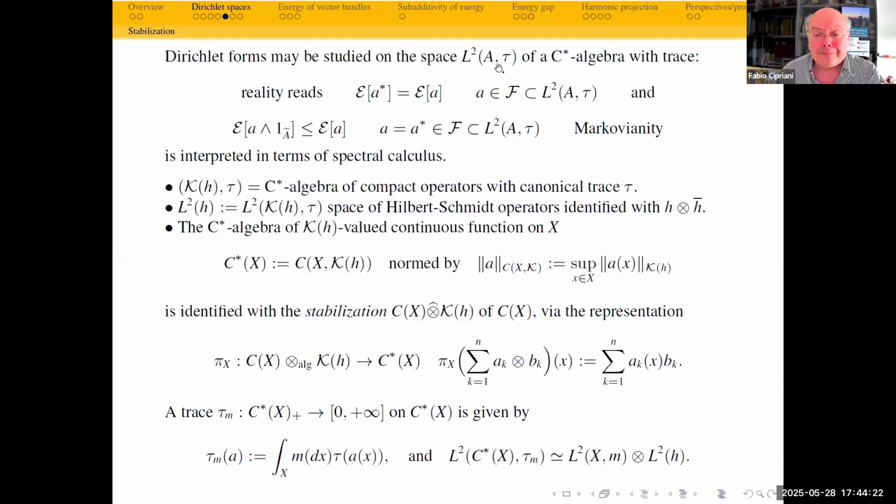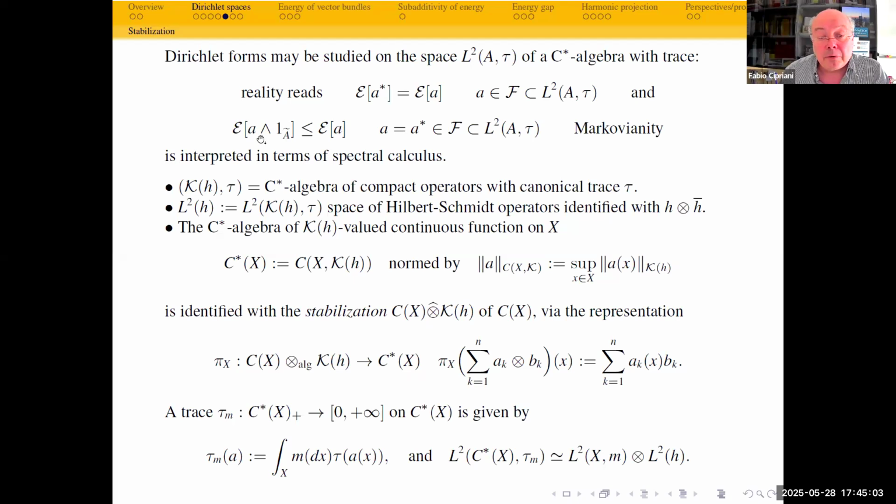But today we will need the extension to the case where the non-commutative space is an honest C-star algebra with unit maybe, and with a good trace, and on it, the Dirichlet form is a quadratic form on the GNS space L2 of A tau, which is real in this sense, and which verifies the contraction property called Markovianity.